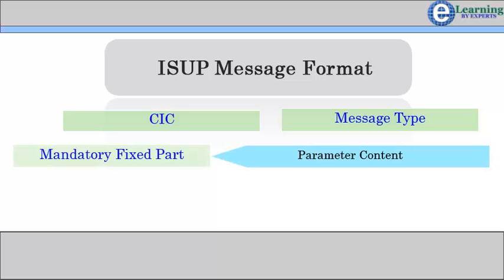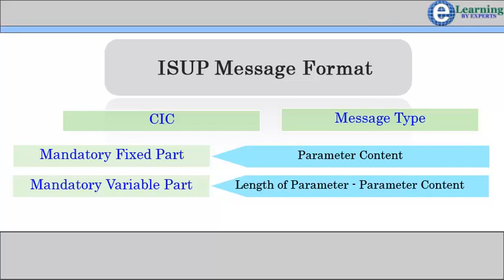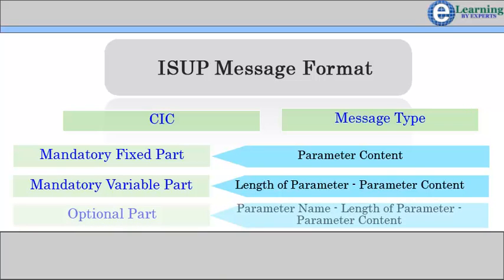Mandatory fixed part, required message parameters that are of fixed length. Mandatory variable part, required message parameters that are of variable length. Each variable parameter has the following form: length of parameter, parameter contents. Optional fields that can be included in the message, but are not mandatory.